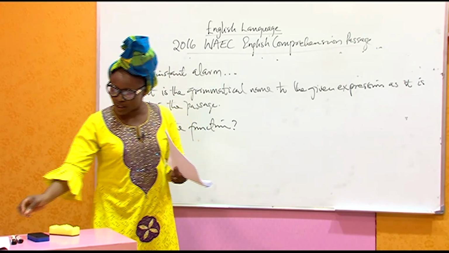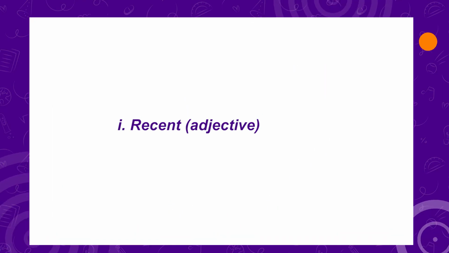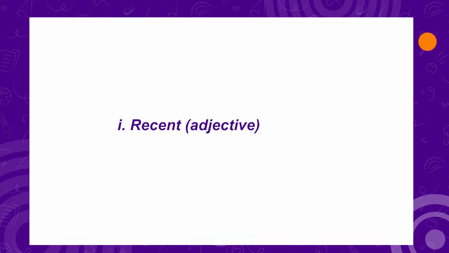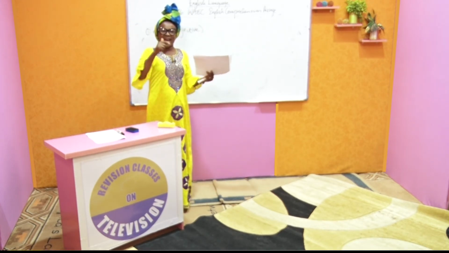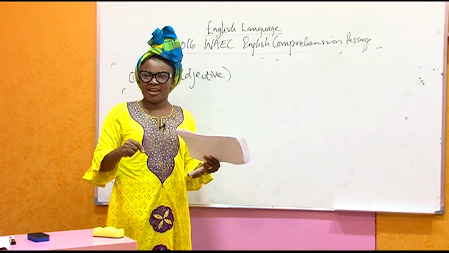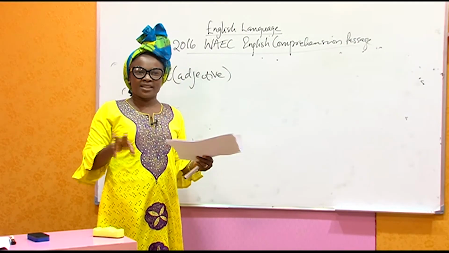Here we have a word lifted from the passage. We have recent. Recent here is an adjective. If you are going to replace this word in the passage, you must use another adjective. Not just another adjective, but the one that can replace it, that can give us the same meaning.